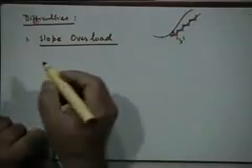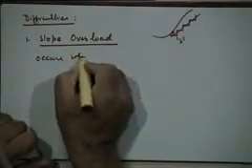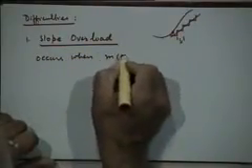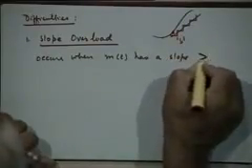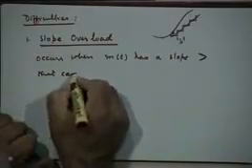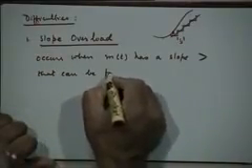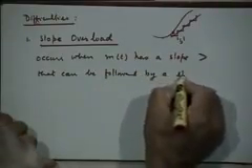So this occurs when m(t) has a slope which is greater than what can be followed by a staircase approximation.